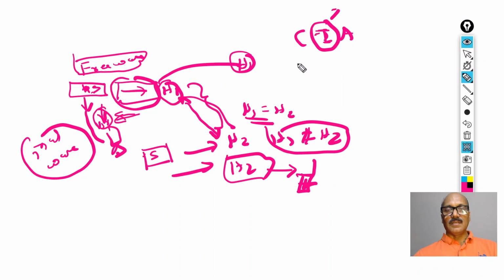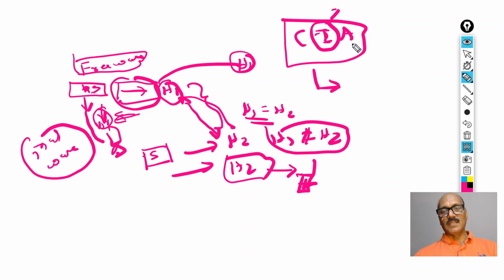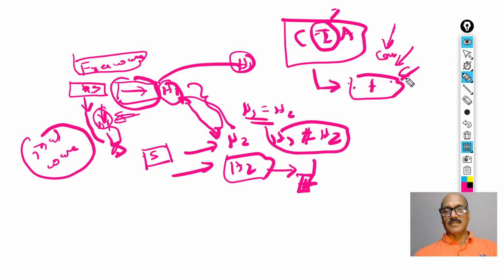As I said earlier, if an organization has a very excellent CIA, it increases its credibility. Credibility plus reputation means companies will trust it. When the companies trust, they will give business.